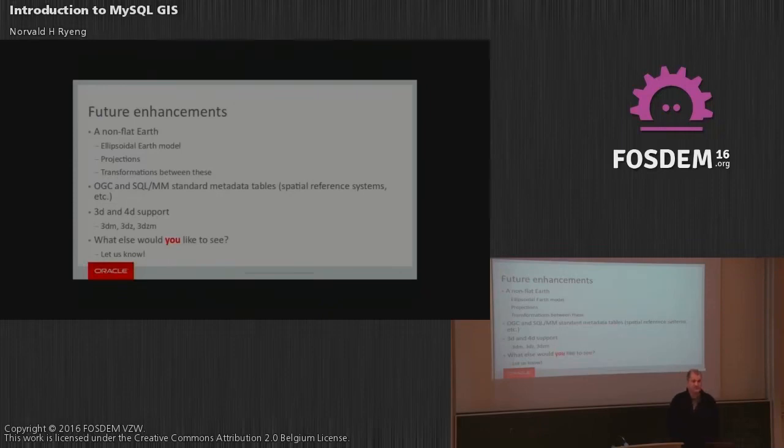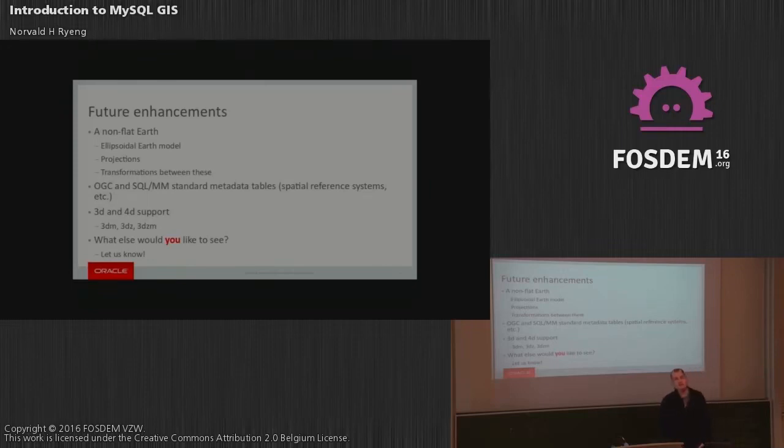I think it was Barend Gehrels actually holding that talk. And we can add projections, define the projections, and transformations between all this. Boost is using, I think they imported Proj.4 into Boost and templatized it. They claim it's faster than Proj.4. I don't know, but that's the claim at least from those guys.